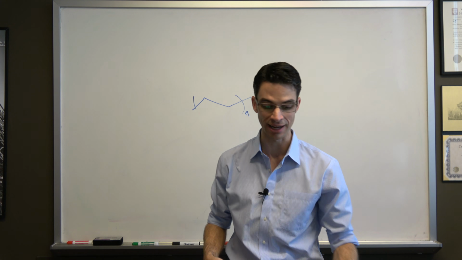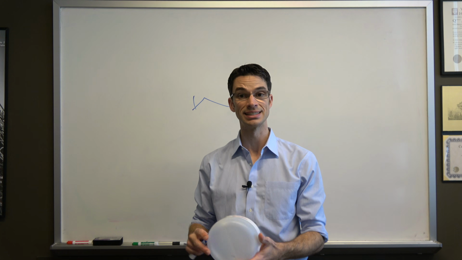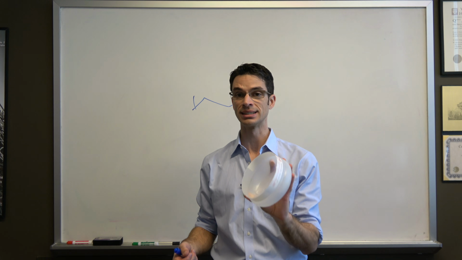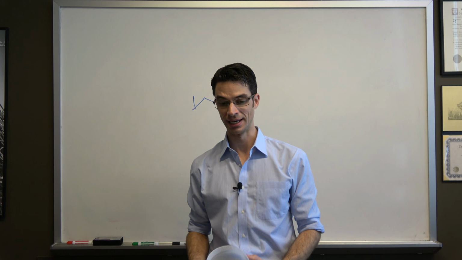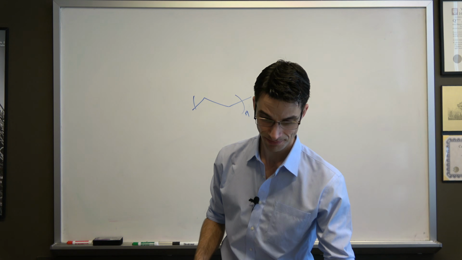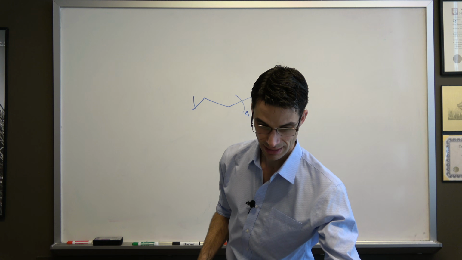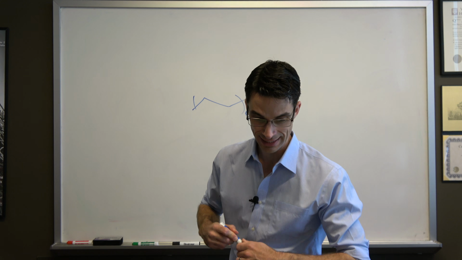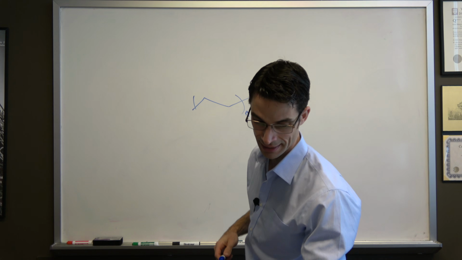And you also have resistance to dissolution as well. So this thing, high density polyethylene, is not going to dissolve in very many solvents. So let's say high molecular weight, high density polyethylene.